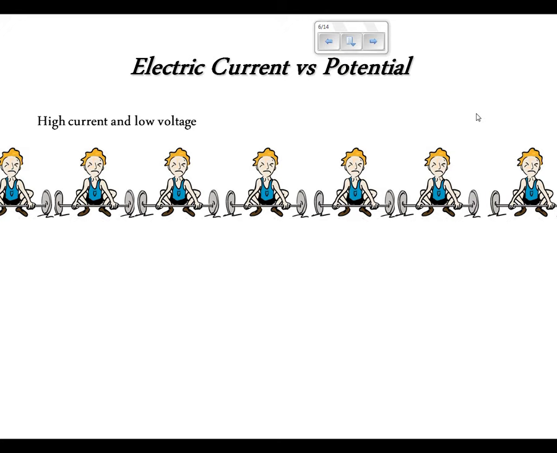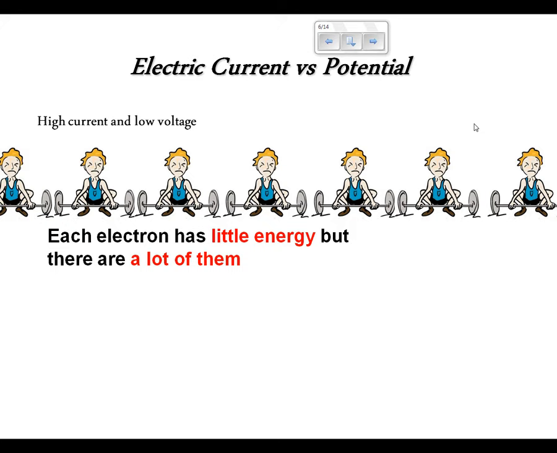You do, because you've got more skinny guys. Each electron still has little energy, but there's lots of them, lots of current, lots of water coming out of your garden hose, your tap, whatever. Each electron has little energy, but there's a lot of them. Do we have more energy than before? We do. Moderate, medium, in between total energy.